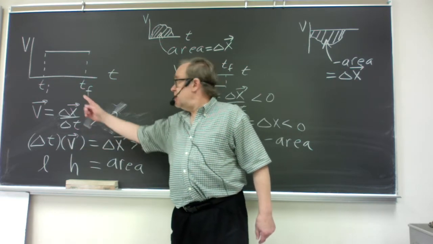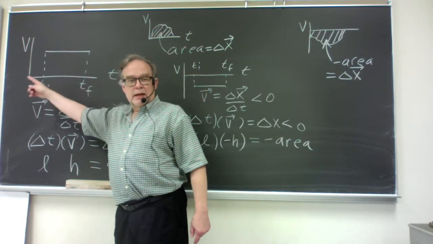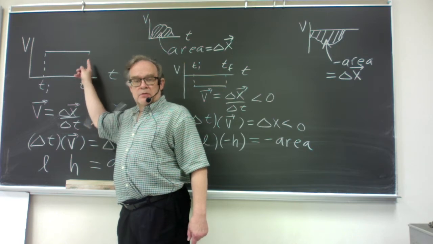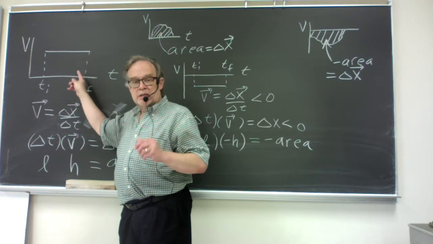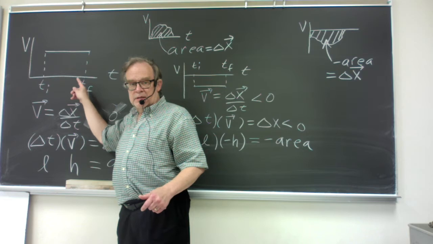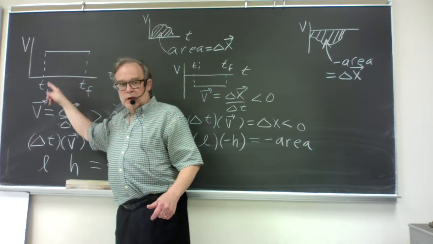Delta t in this case is the same thing as the length of this rectangle, and v is the same thing as the height of this rectangle. And of course, length times height for the rectangle gives us the area of the rectangle.